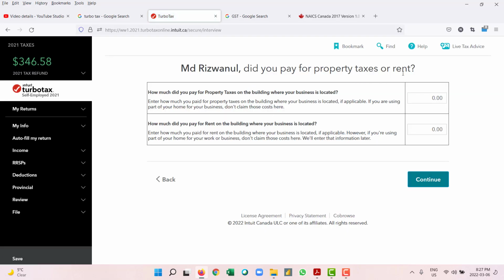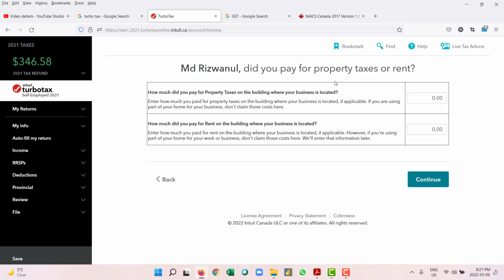Did you pay for property taxes or rent? If you have a business and your building is being used for business purposes, you can deduct the property taxes or rent. So if you use your home address for business, then you can deduct the property tax or rent.